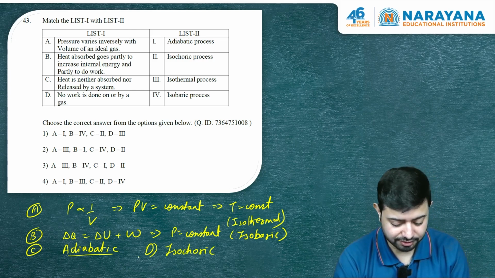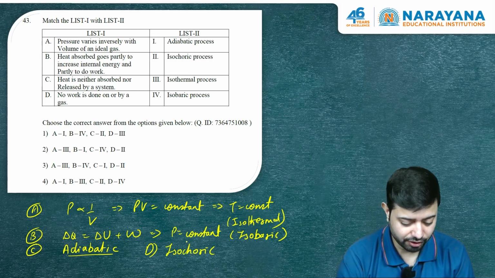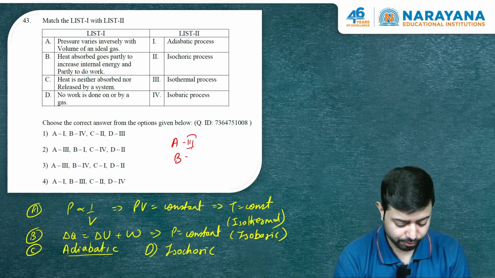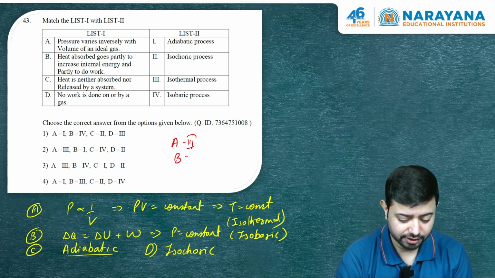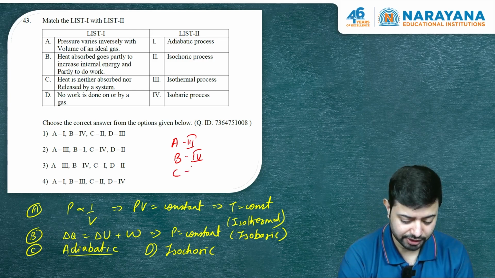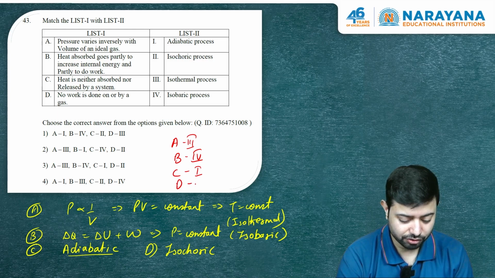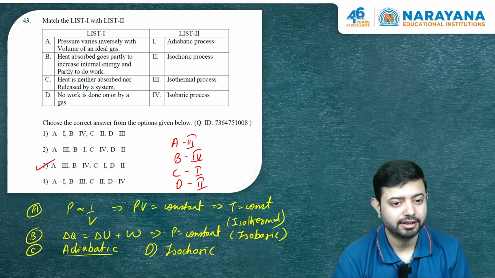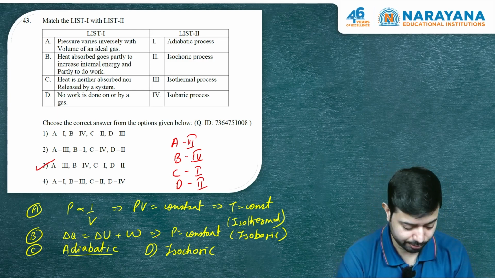So, for A it is isothermal, that means for A you have to match with the third one, right, and for B you have to match with the isobaric, which is the fourth one, right, and for C you have to match with adiabatic, which is first one, and for D you have to match with the remaining isochoric, which is second one. So, it is like A with 3 and B with 4, C with 1 and D with 2 is going to be third option.